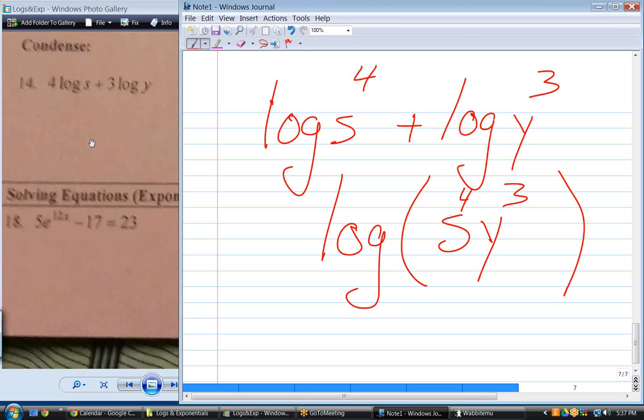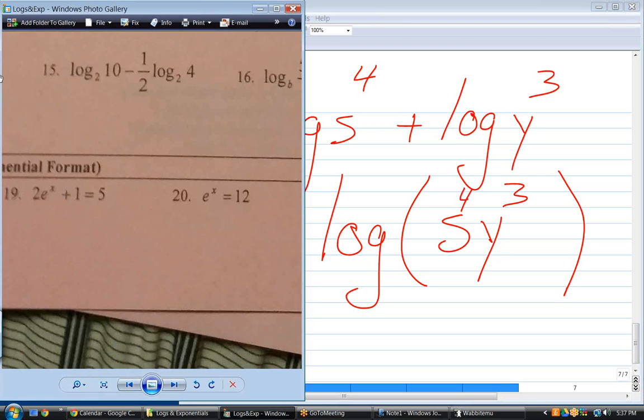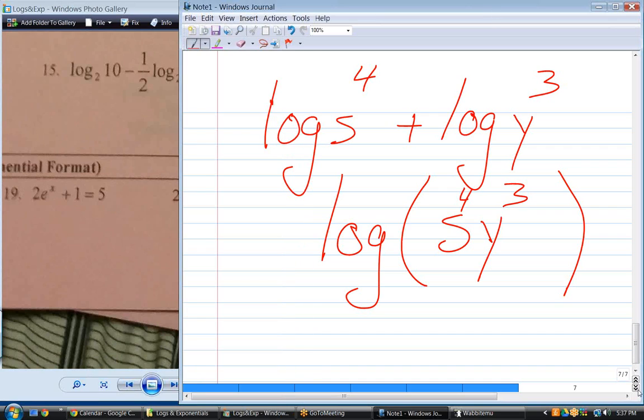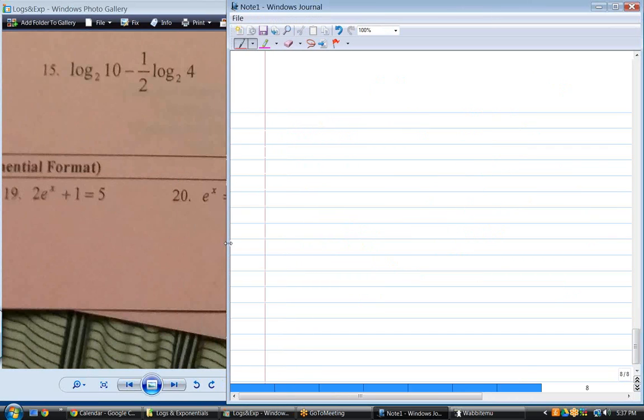Okay, let's look at another one. And incidentally, these expanding and condensing can only be done if you have the same base. In other words, if this was log base 2 and this was log base 3, I couldn't do it.